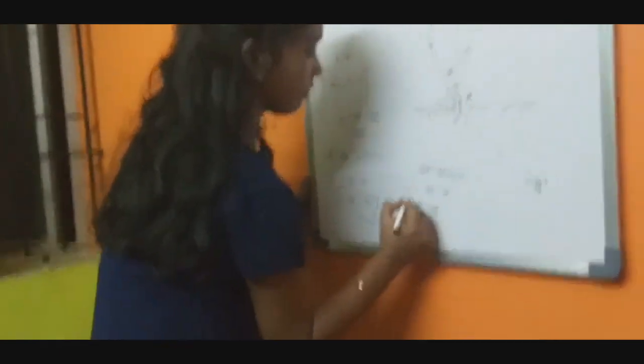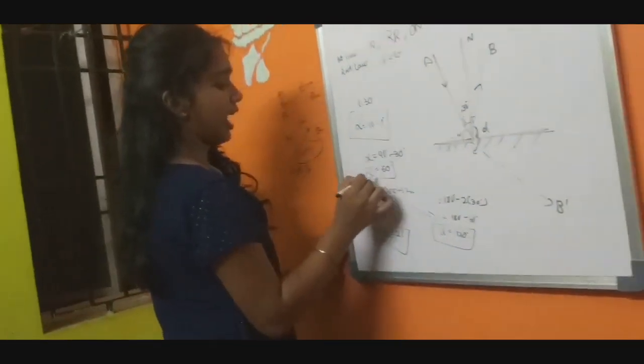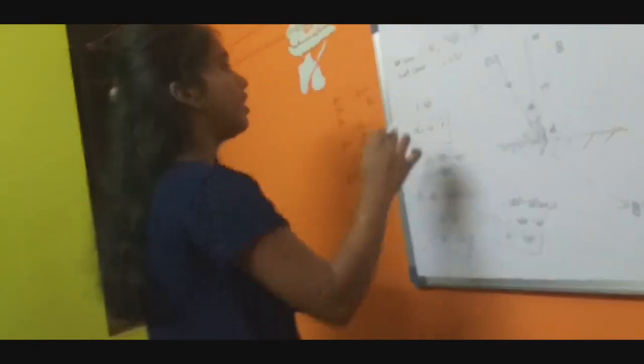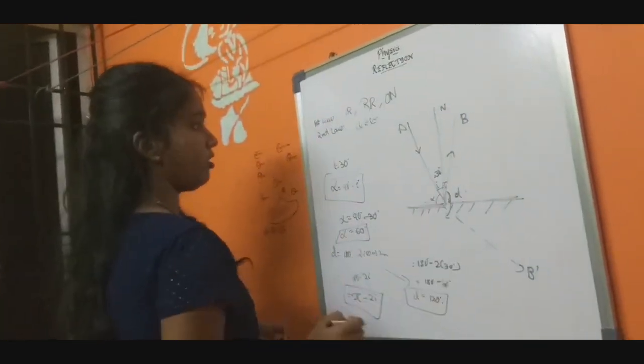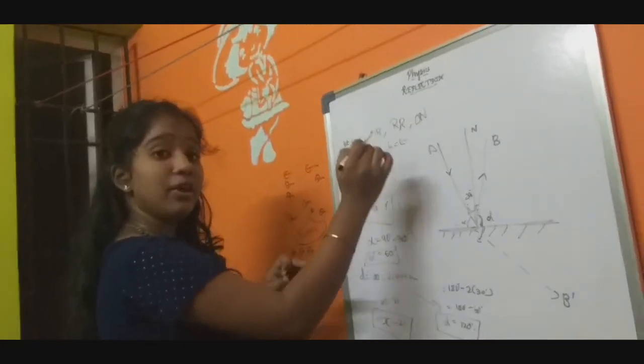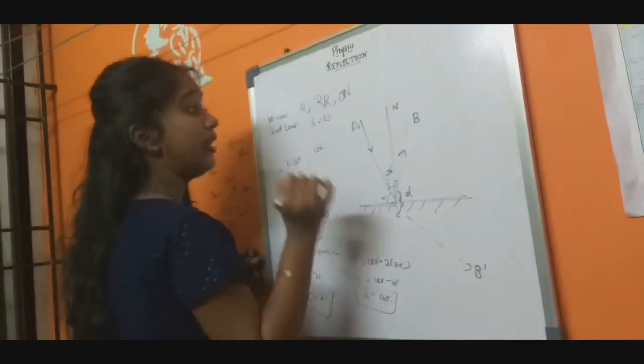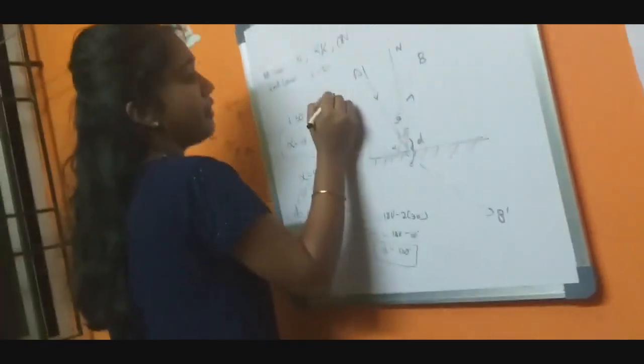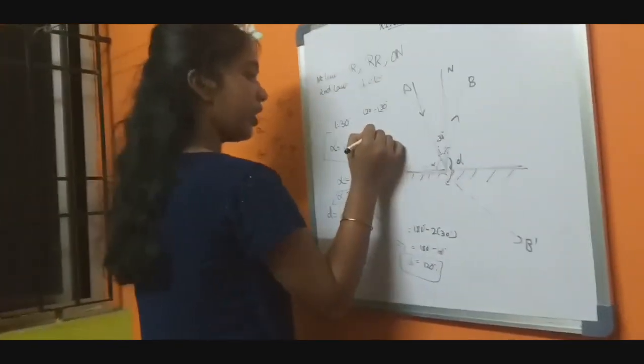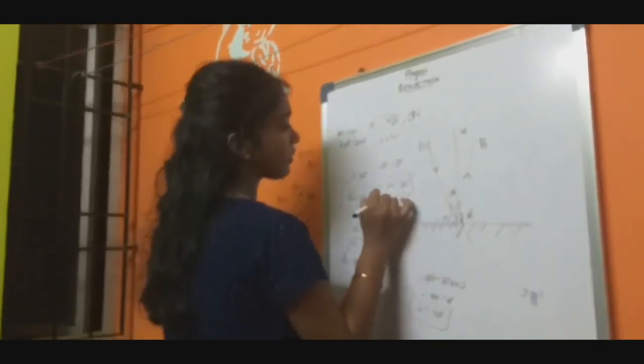This is our angle of deviation value. Then here they asked for the R value also. We said I is equal to R. So if I is equal to 30 degrees, then of course R will also be 30 degrees.